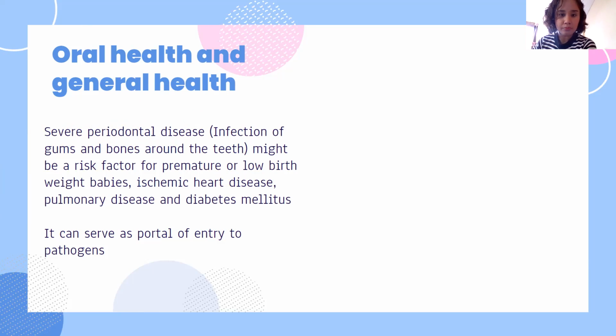Tapos yung ipapanganak nilang sanggol mababa yung timbang. Ischemic heart disease, so lack of oxygen, a tissue in your heart loses oxygen. Yan, ischemic heart disease, pulmonary disease, and diabetes mellitus or DM.